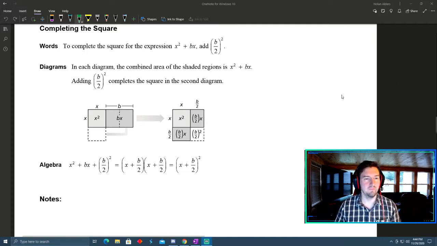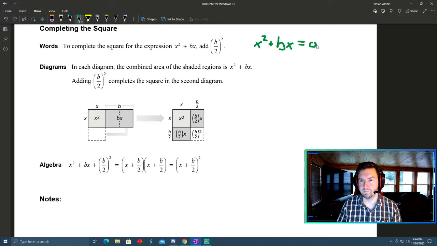And mainly the basic idea is if you have some equation like x squared, you'll have to forgive my handwriting because I'm using a mouse, but let's say you have x squared plus bx equals some other number out here. We'll just say a. We can complete this as a perfect square if we add this onto both ends.